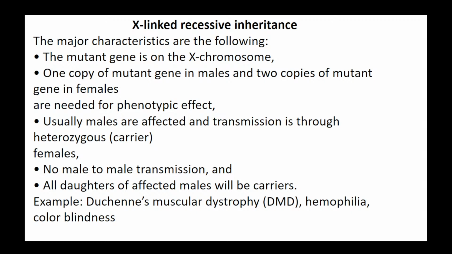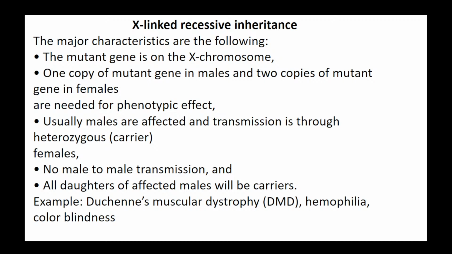The next type of inheritance is X-linked recessive inheritance. When the gene is present on the X chromosome, the gene is recessive. Mostly males are affected, but the transmission is through heterozygous females.